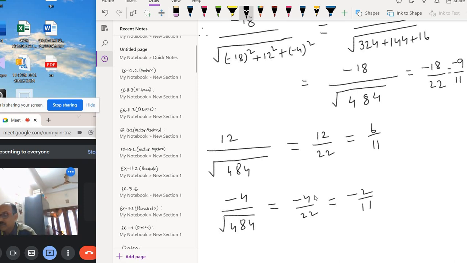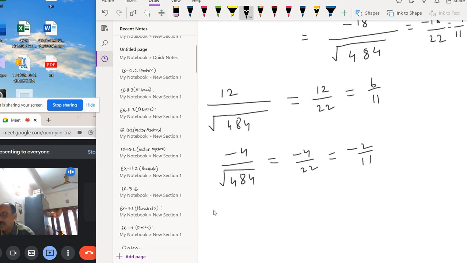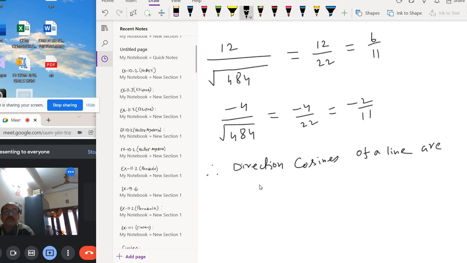Okay. So therefore direction cosines of the line are minus 9 by 11, 6 by 11 and minus 2 by 11. This is the answer. Direction cosines.